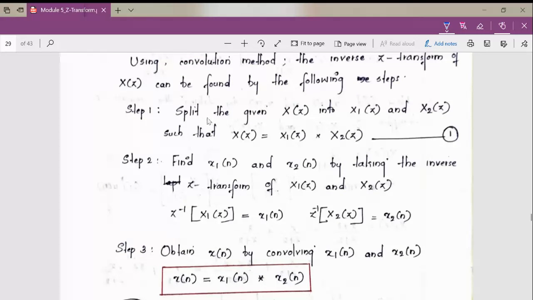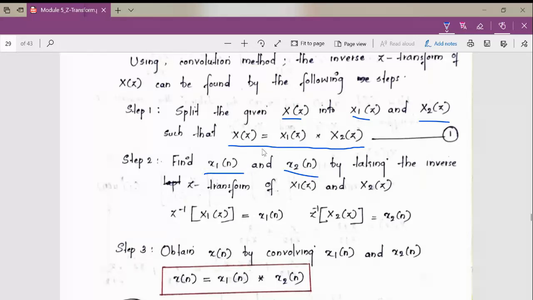So what are the steps? Split the given X of z into X1 of z and X2 of z. That is, X of z is equal to X1 of z into X2 of z. We have to rewrite the given X of z in the question into X1 of z into X2 of z. Then we have to find X1 of n and X2 of n.